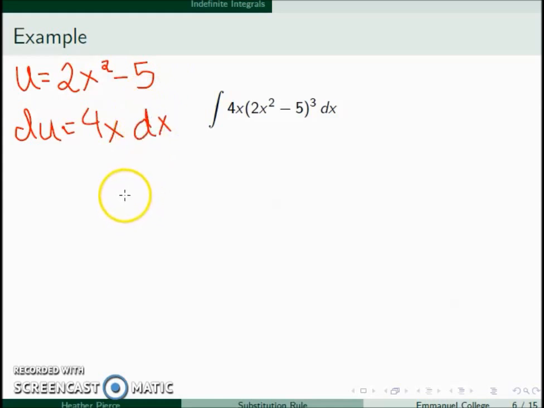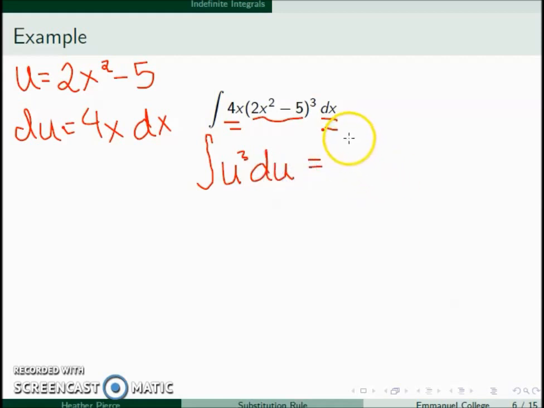So now I have du equal to 4x dx. So this parenthesis will actually become u cubed. And this 4x dx will become du.